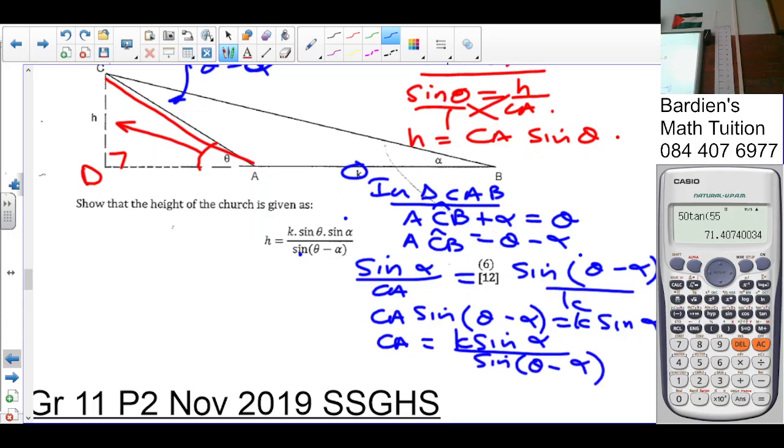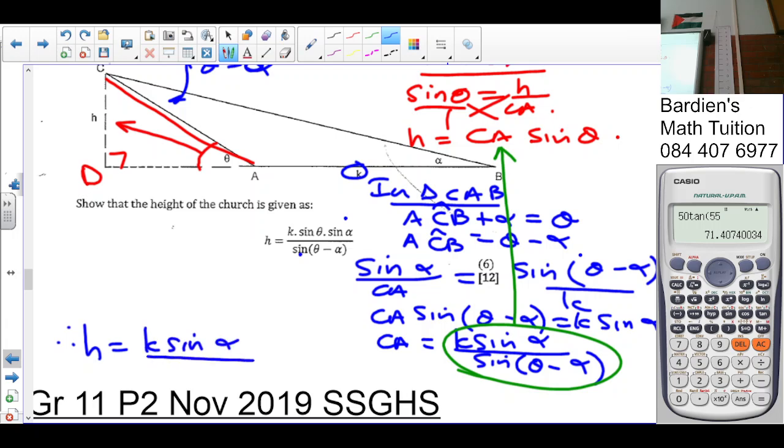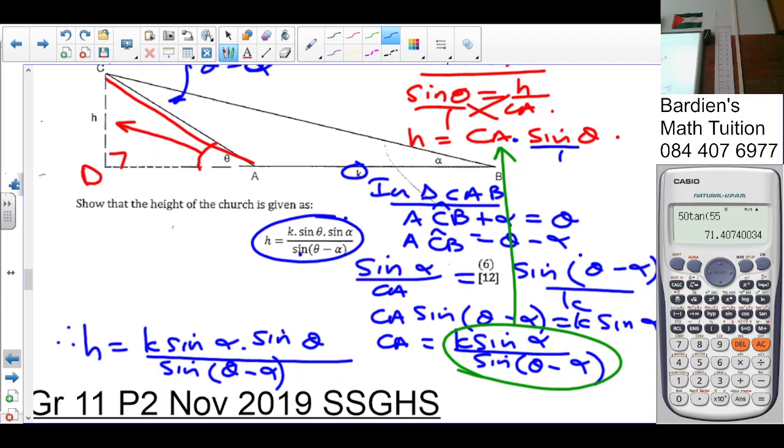So what we do is we replace CA with that. Therefore, H is equal to X sine alpha over sine theta minus alpha, times sine of theta. Now you see that sine theta belongs to the numerator. As you can see, it's exactly what they wanted from you. Okay? Definitely going to get a sum like this in the exam.